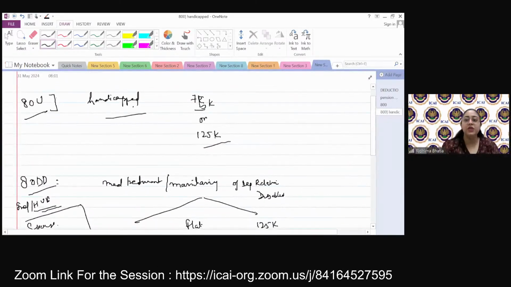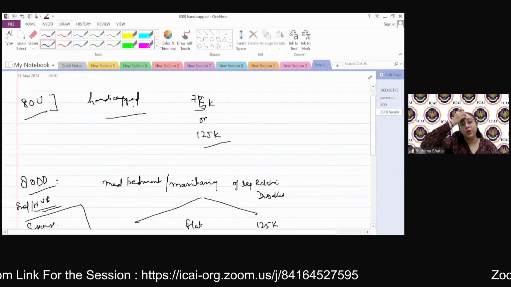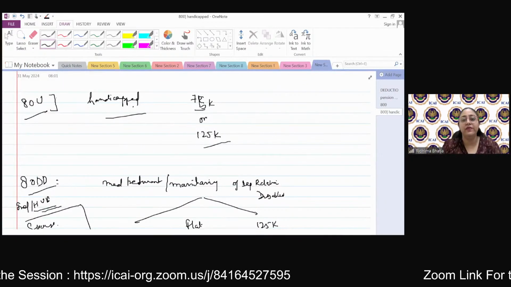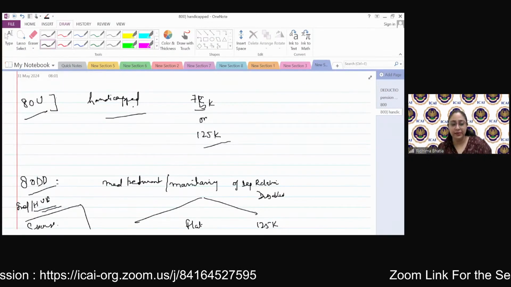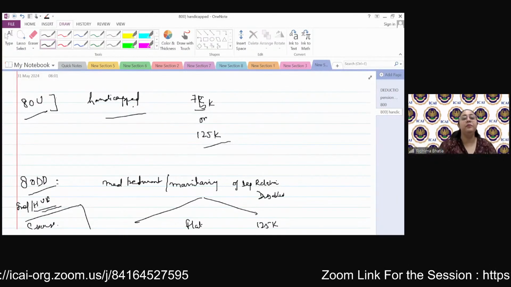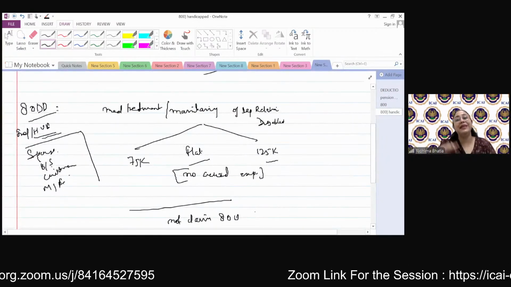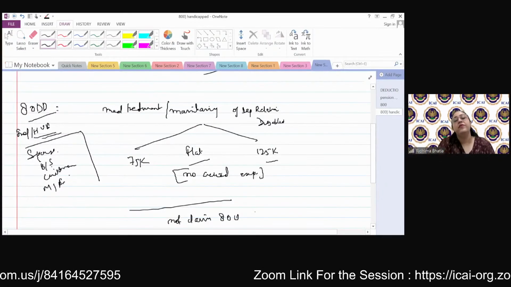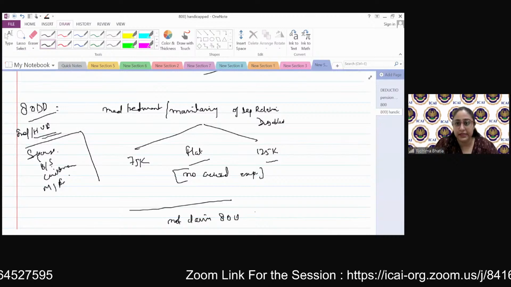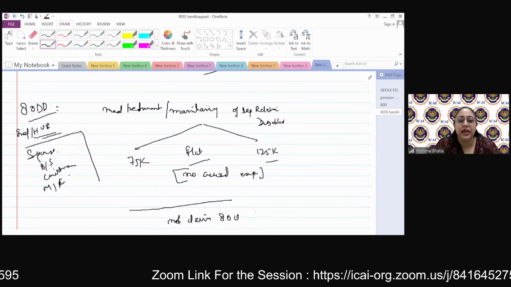So I'll repeat again, 80U is a deduction given to an assessee who is disabled, 75,000 flat or 1,25,000 depending upon the disability. If severely disabled, 1,25,000. On the other hand, if an assessee is maintaining a dependent relative who is disabled, then 80DD is there.